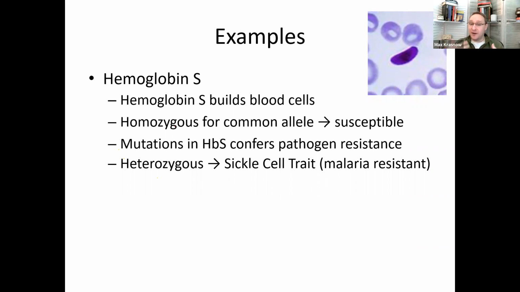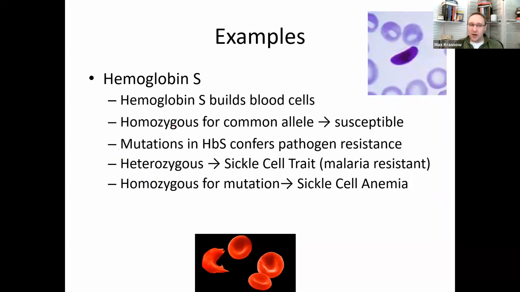It makes you malaria resistant to have one copy of the common type and one copy of the rare type. The problem is that once that rare type gets common enough, it's likely to meet itself and become homozygous, meaning you have two copies now of that mutation. And that's what ends up with sickle cell anemia.